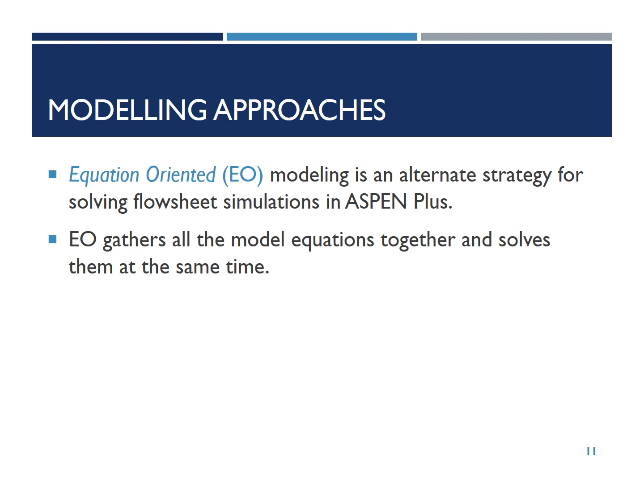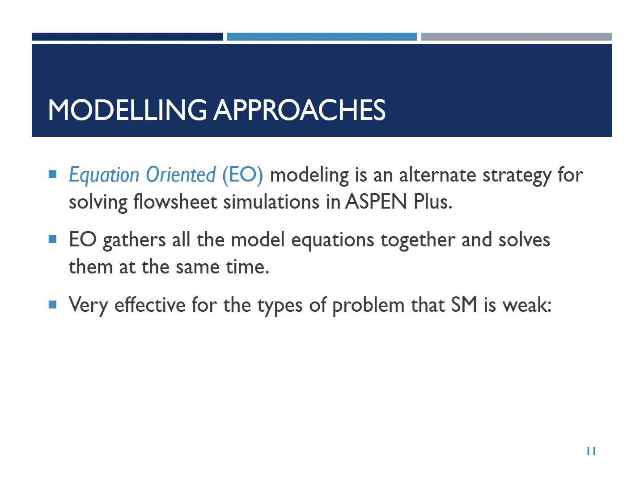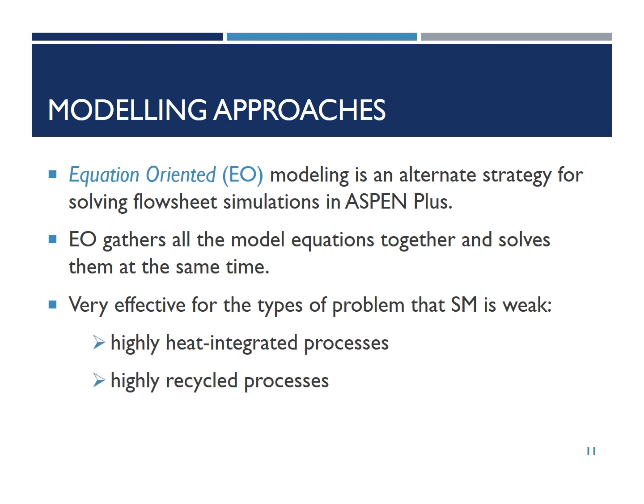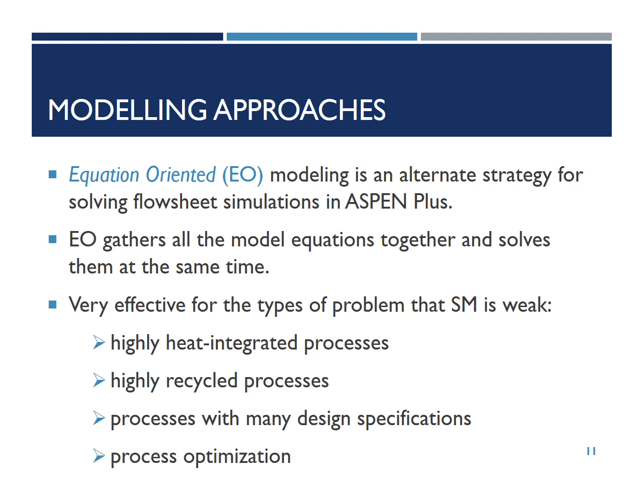However, a large effort is required to initialize an EO simulation. EO is very effective for the types of problems where SM is weak. For example, highly heat-integrated processes, highly recycled processes, processes with many design specifications, or process optimization problems.